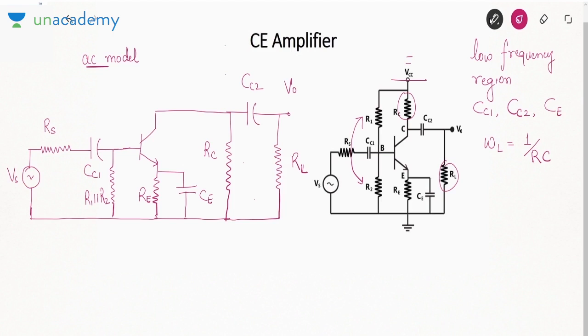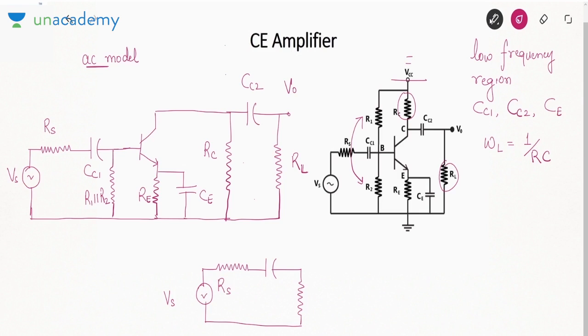Now what we will do is replace this BJT by its small signal model. So if I draw that circuit also, which model will I use? I will make use of the RE model. Okay, so I am redrawing the circuit with the BJT being replaced by its model.